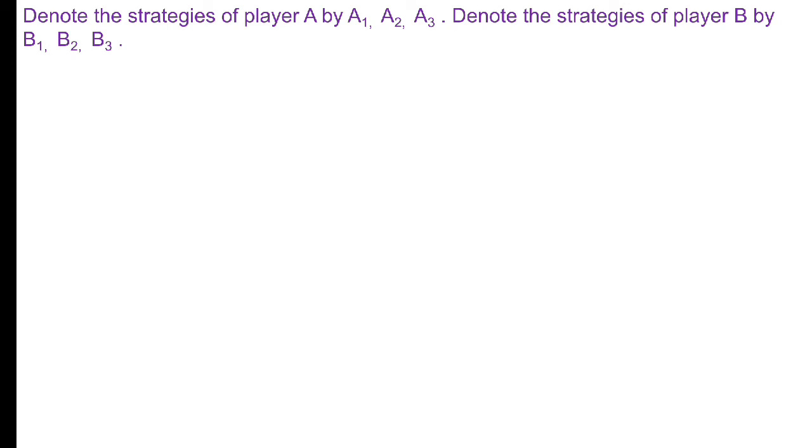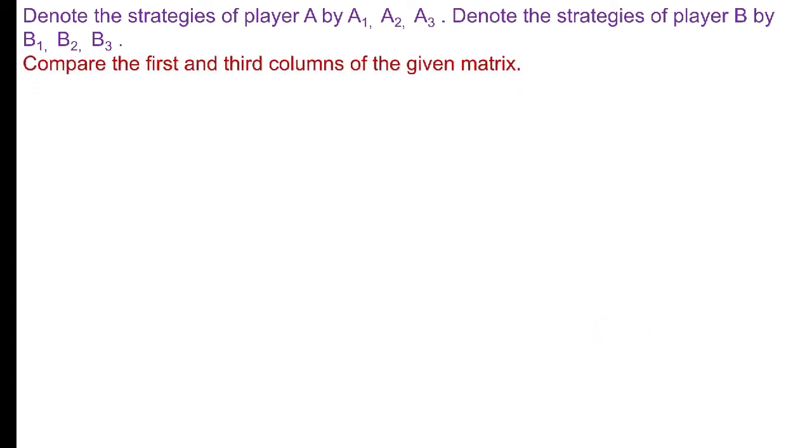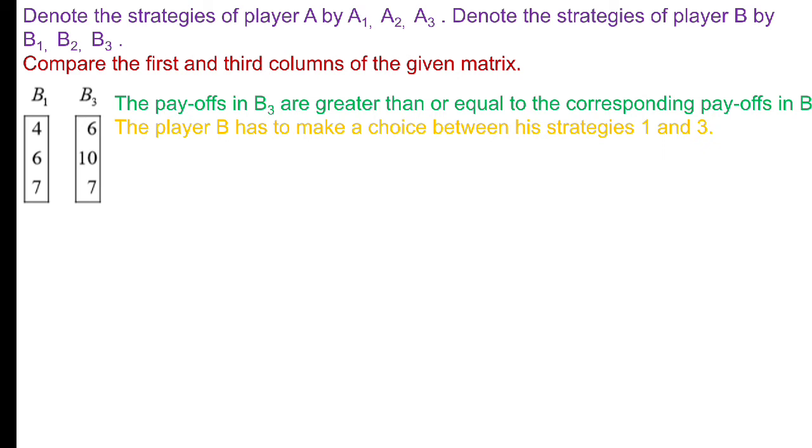Now we'll consider the strategies of A1 and A2 denoting players A and B. Now compare these two columns, first and third column. First column is dominating third column because the column maximum will be repeated. So the player B may ask to make a choice between 1 and 3.